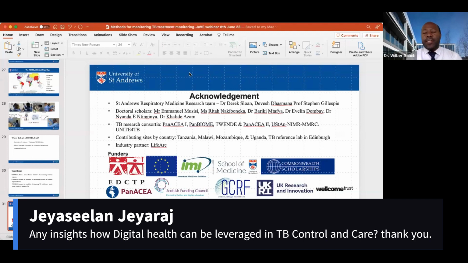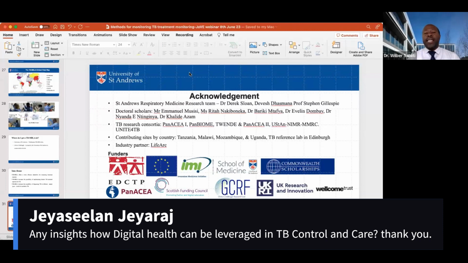Yes, I think digital health is important, and it should be the way forward in terms of collecting and managing data. Because, for example, MBLA is generating this good quantitative data of how patients are responding to treatment.